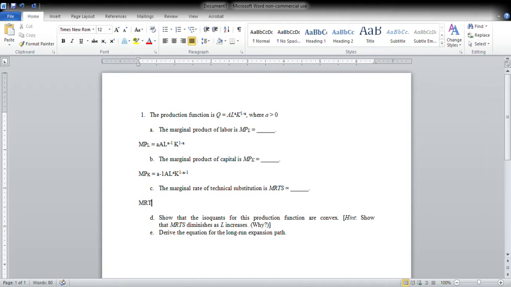So MRTS, marginal rate of technical substitution, equals the unit of labor, which again is A, times, or I'm sorry, divided by the unit of capital times labor.